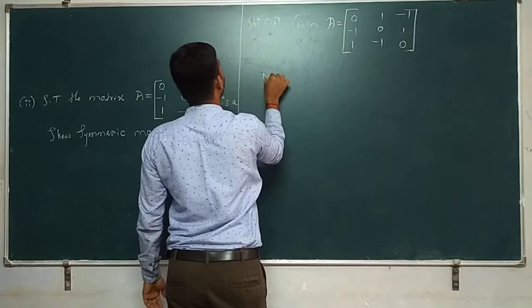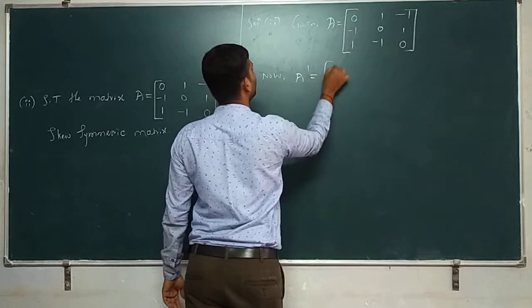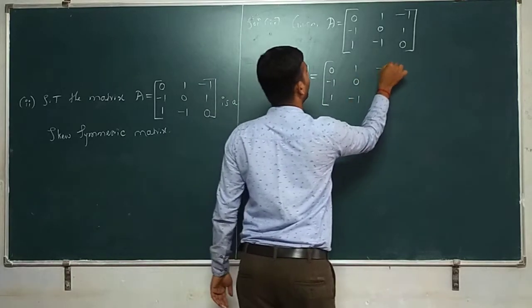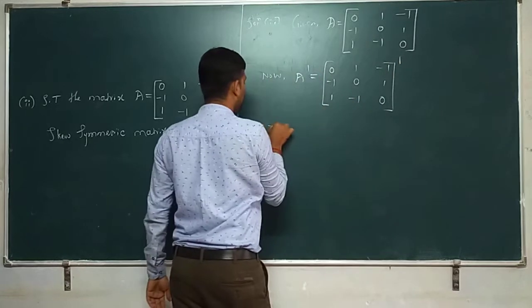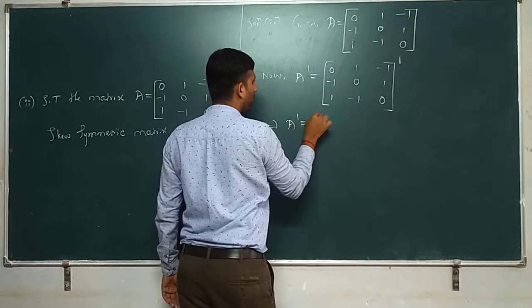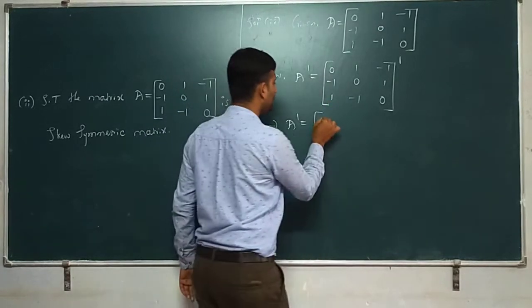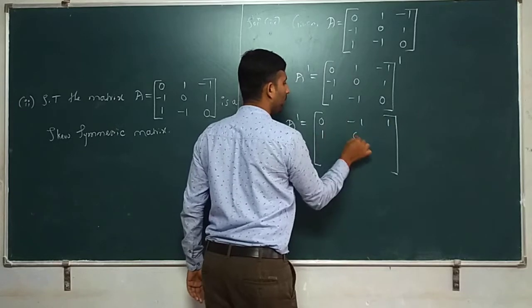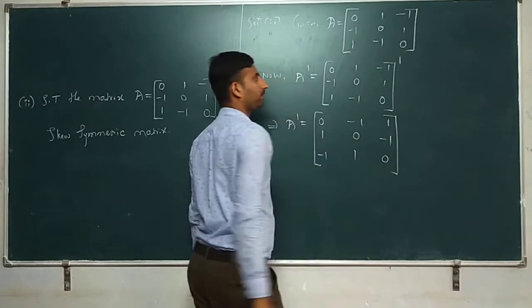Now A dash is equal to the transpose of 0 minus 1 1, 1 0 minus 1, minus 1 1 0, which implies A dash is equal to, this column becomes row, that is 0 minus 1 1, 1 0 minus 1, minus 1 1 0.